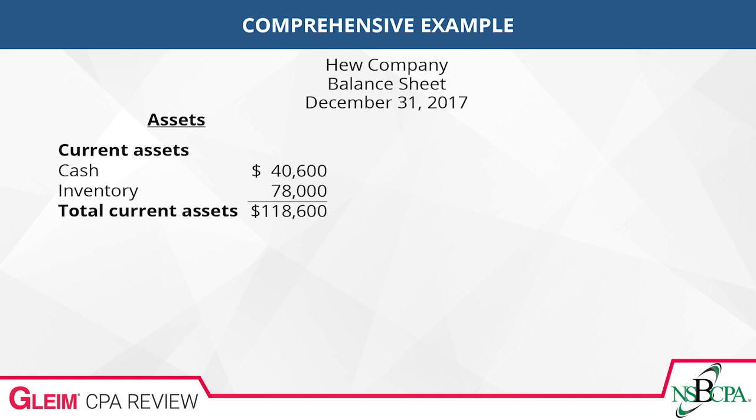The only other category of assets that the company has is property, plant, and equipment. We abbreviated that as PPE on this slide. The net amount for the buildings, net of accumulated depreciation, is $340,000. You add together the total current assets and total PPE to arrive at the total assets of $458,600.